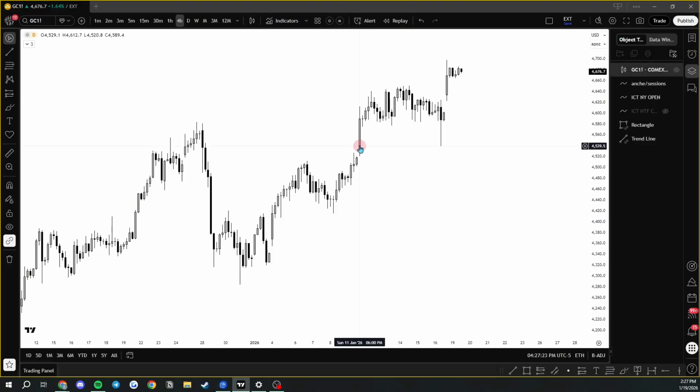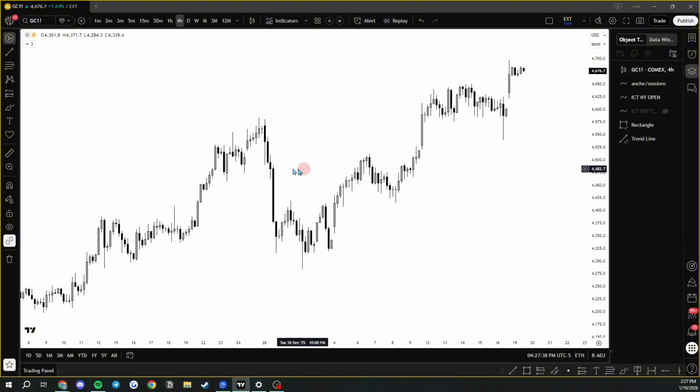Let's take a look at this one. Strong body, relatively small wicks compared to the body. Same thing with this one. Same thing here. Let's look for a few more. This is a very good example. Look at how small those wicks are. Strong bodies.